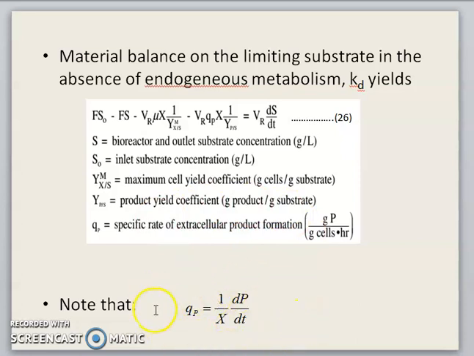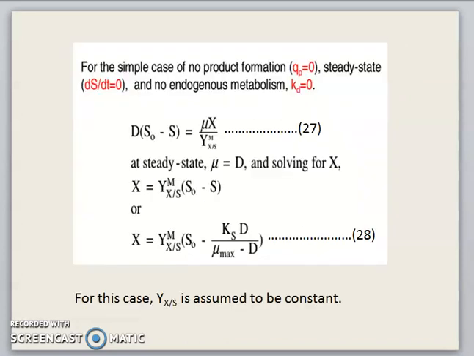For the simple case of no product formation, Qp is 0, and at steady state ds over dt is 0. With no endogenous metabolism, Kd is equivalent to 0.